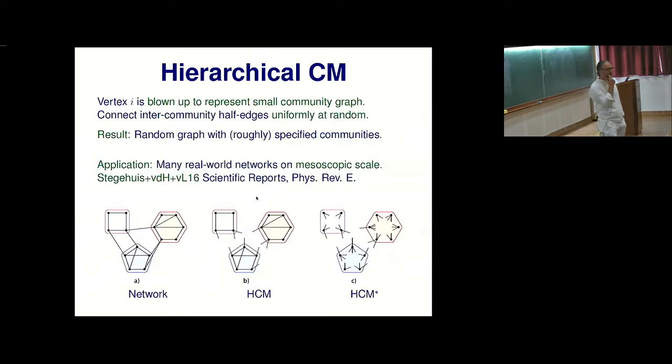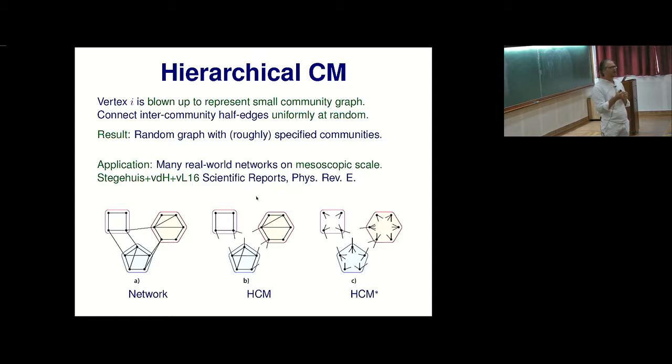There's one model that I would like to point out specifically. This is a model that's very closely related to the configuration model. We call it the hierarchical configuration model. The problem with the configuration model, as we'll see a bit later on, is that there's very few short cycles. We've already seen that the number of self-loops converges to a Poisson random variable. The number of multiple edges converges to a Poisson random variable.